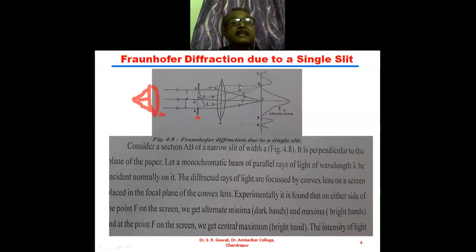So this is one lens and this is the other lens. These are the two lenses which are used in the Fraunhofer diffraction.